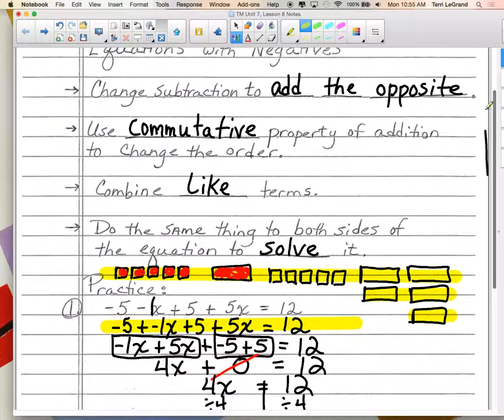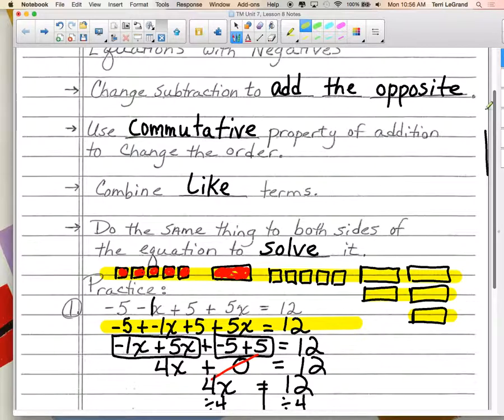We put the unit tiles beside each other. So it's almost like now we could put a box around them, separate the unit tiles and the X tiles, and say, here's a group, here's another group, here's my pencil for the equal sign, and then I have 12 unit tiles.